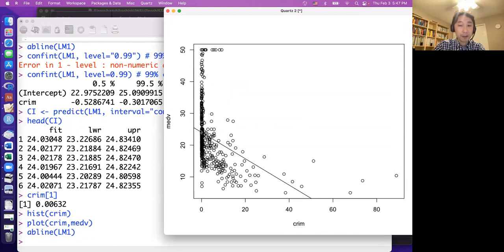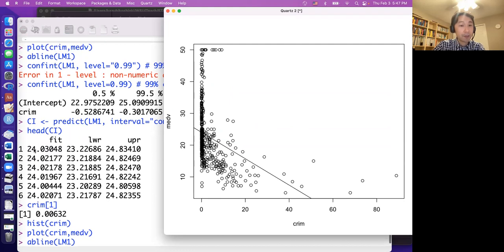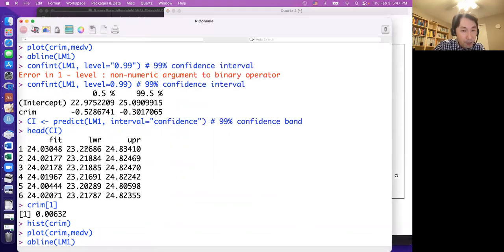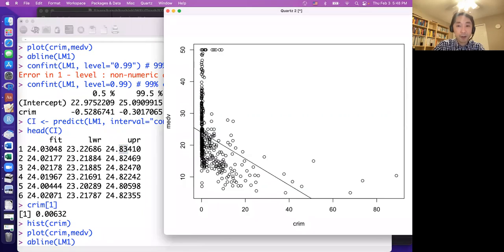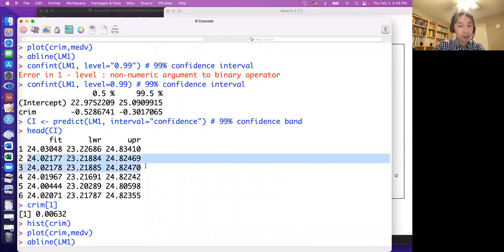In such a case, the estimated median house value is maybe about 24 point something, but actually it should be between 23.2 and 24.8. So that means this line can fluctuate, but not much. Maybe it can go upward by 0.8 or downward by 0.8, but not much. And this is for each observation.